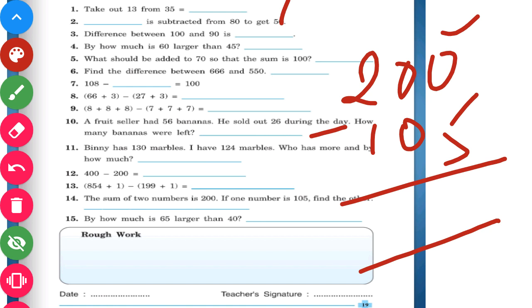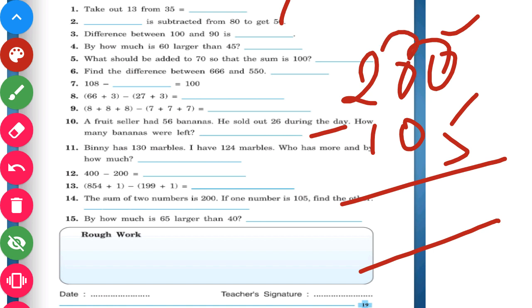We are having 0 there at ones place. We cannot subtract 5 from 0. So this 0 will go here to take borrow. Again this is 0. Now this 0 will go here to take borrow.